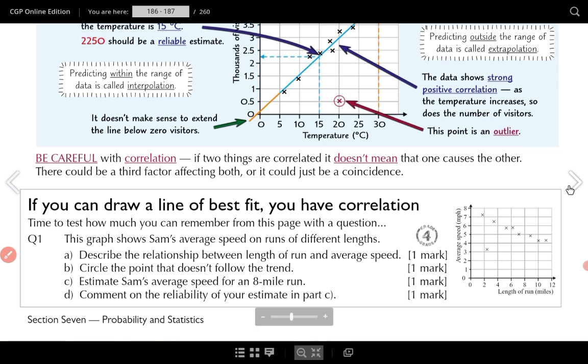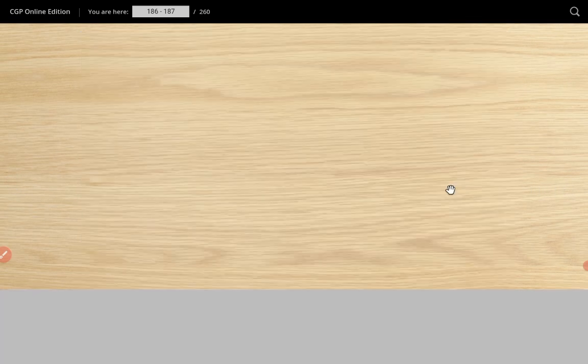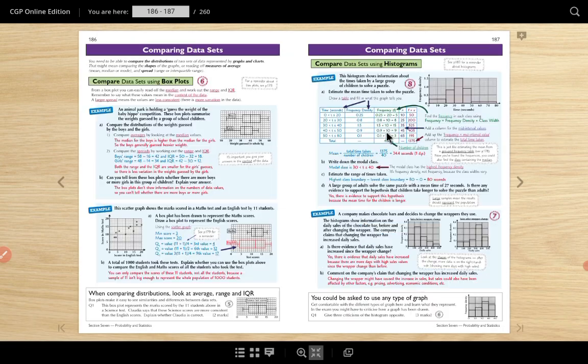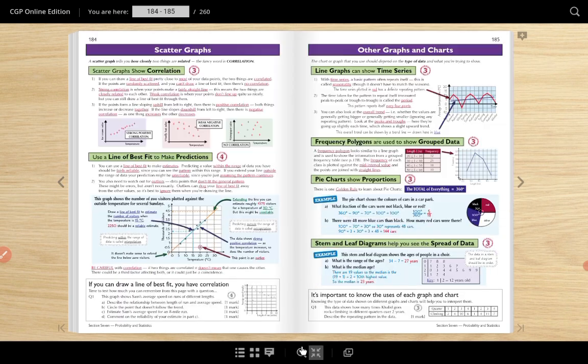So you have line graphs as well. Let's look at line graphs and other graphs.